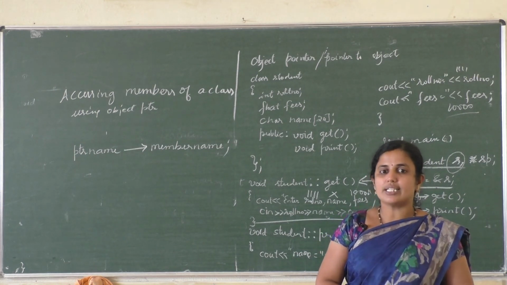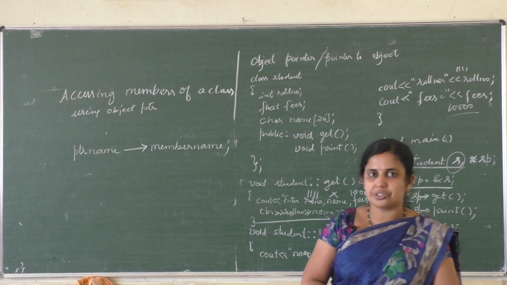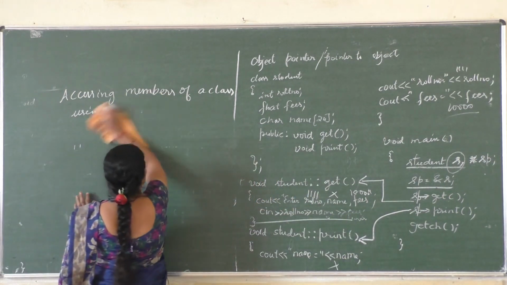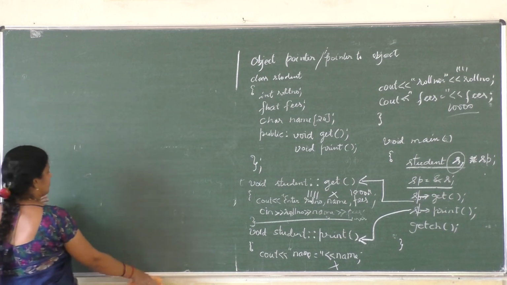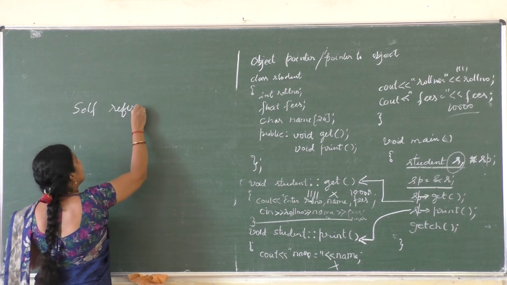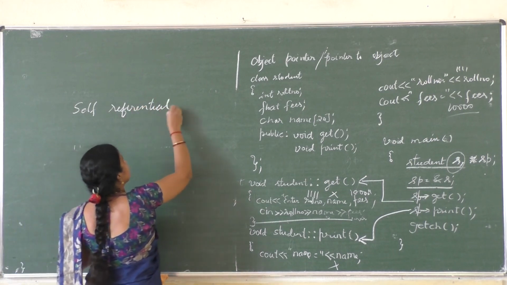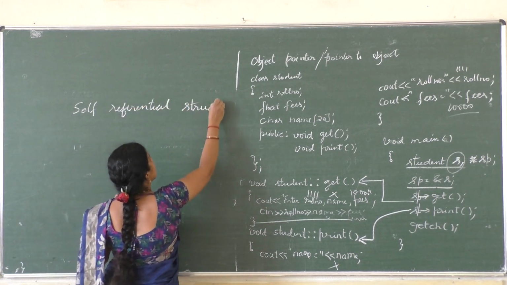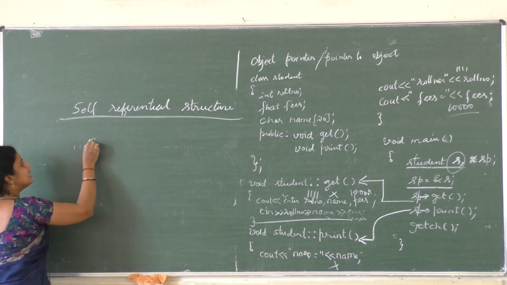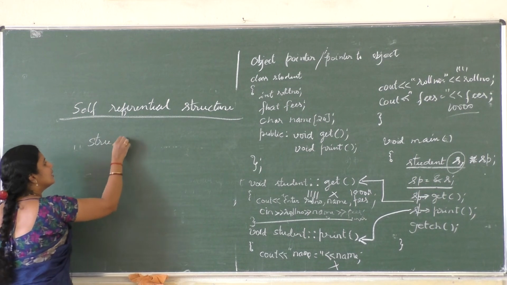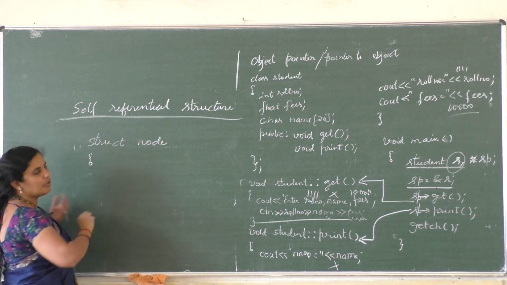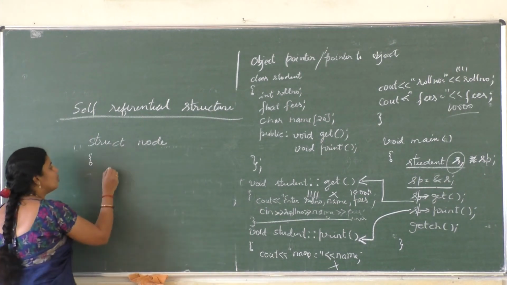Next, we have two simple topics to study in this particular chapter. The first is self-referential structure. I'll consider a structure node; any name you can consider, I have considered node here.